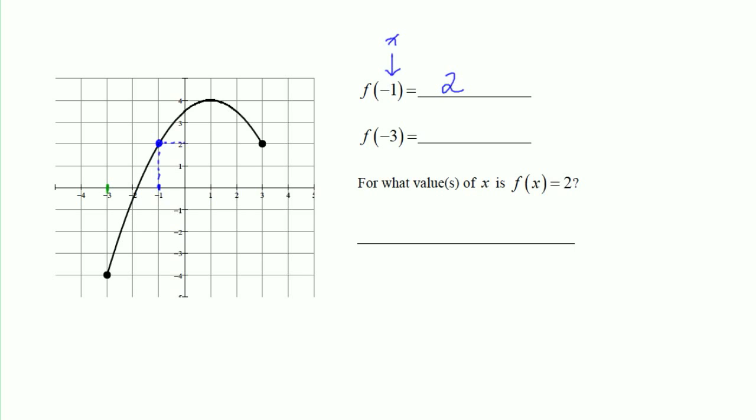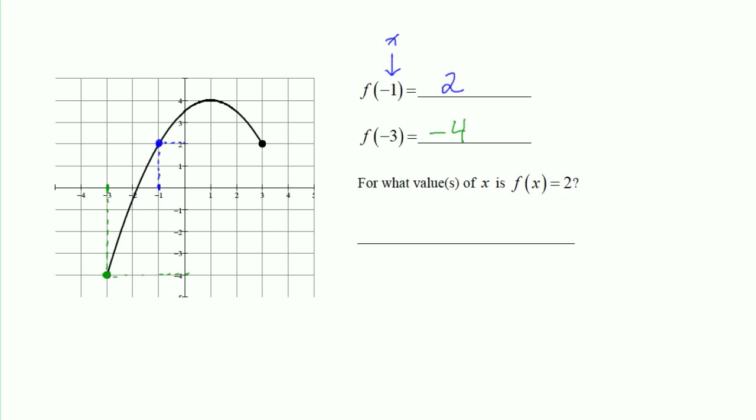Finding negative 3 on the x-axis and tracing vertically to the graph to find a point, and then reading off the y coordinate of that point would be negative 4. So the mechanics of evaluating it feel a little bit different because we have more points to consider, but it is still the same concept.